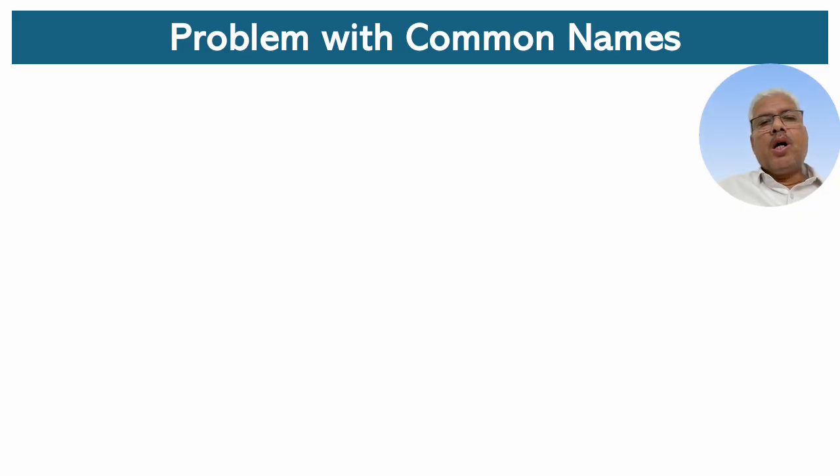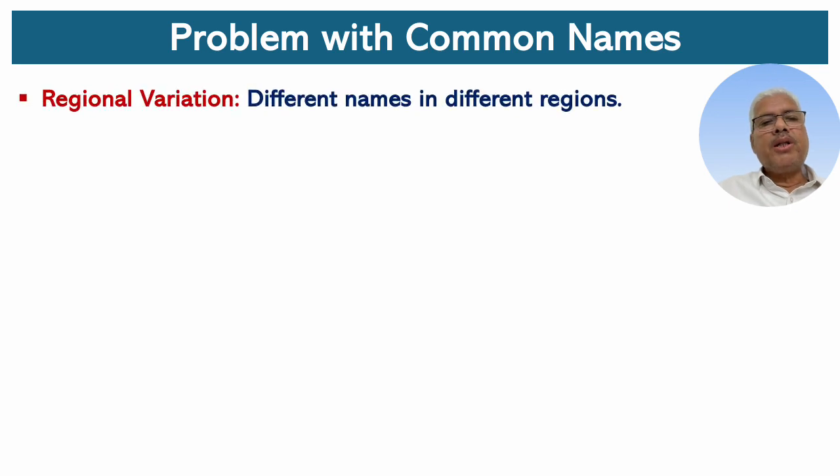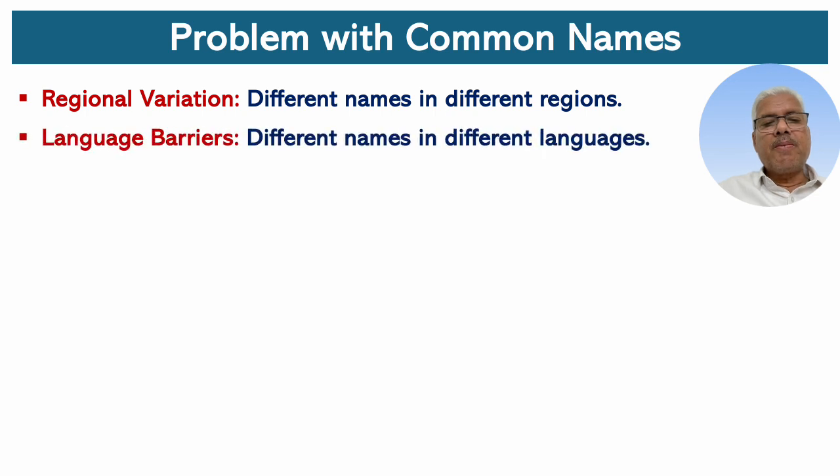The problem with common names is a key reason why we have scientific nomenclature in the first place. Here are some of the issues. The same plant can have completely different common names in different regions or even different villages within the same region. This makes it incredibly difficult to know which plant is being discussed, especially when communicating with people from different areas.